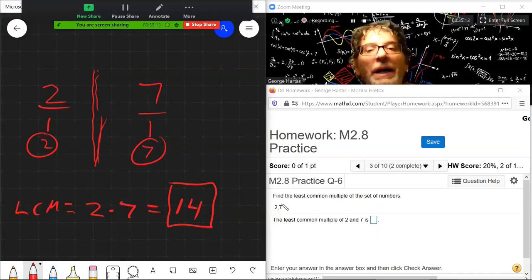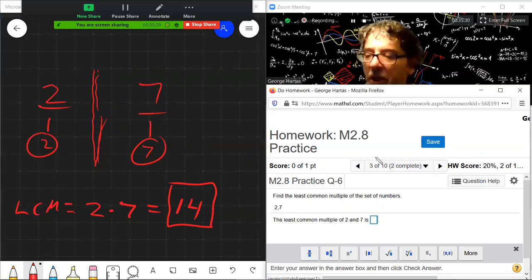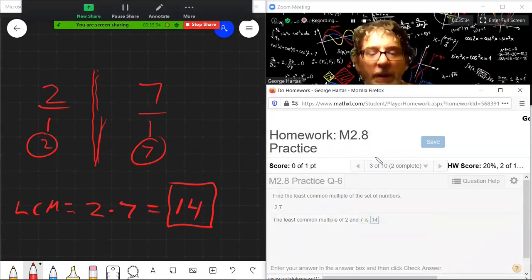So if you can spot that, you can save a little time and avoid the factor tree. 2 and 7 are both prime, and there's nothing common between both. Multiply them out. And 14 should be our answer, because 2 goes into 14, and 7 goes into 14.